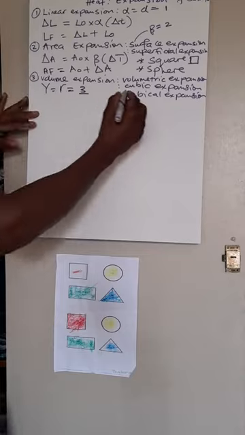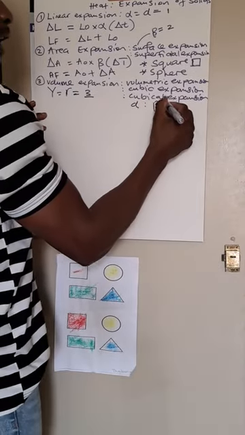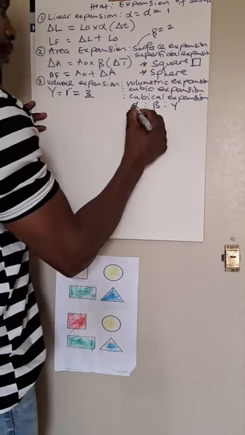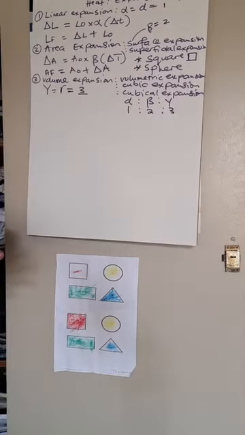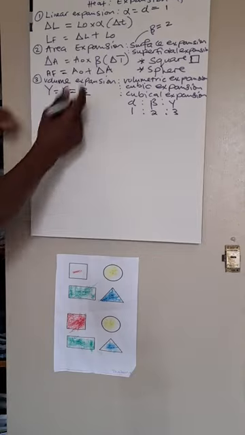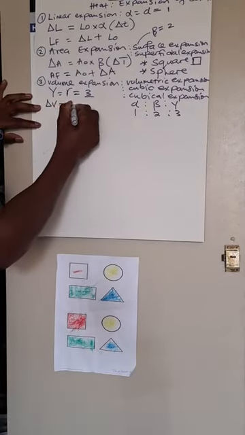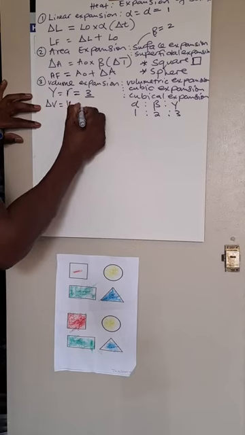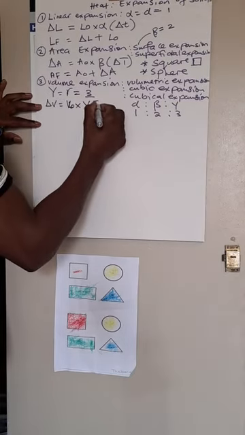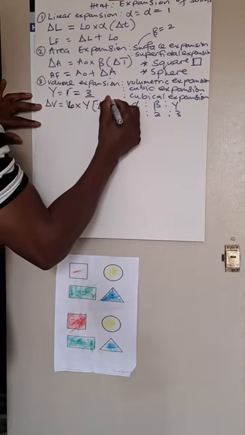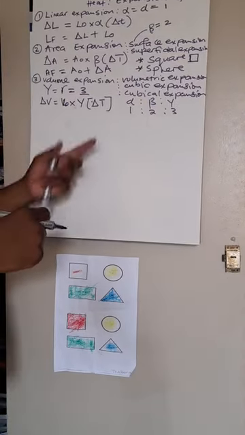So basically, our ratio for alpha to beta to gamma becomes 1 to 2 to 3. How do we calculate our change in volume? Change in volume equals our original volume times gamma times delta T. The biggest challenge here is not how to use the formulas.